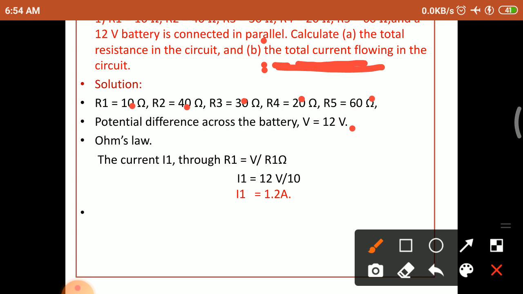So first I calculate the current I1 through the R1 resistor. V by R1, the value of V is 12, the value of R1 is 10. When I divide 12 by 10, I get 1.2 ampere. So through the R1 resistor, the current is 1.2 ampere.